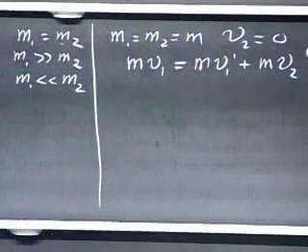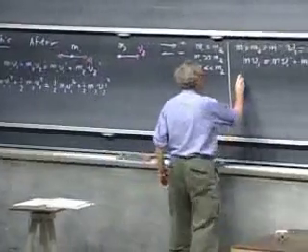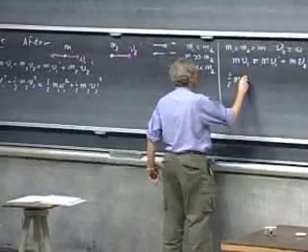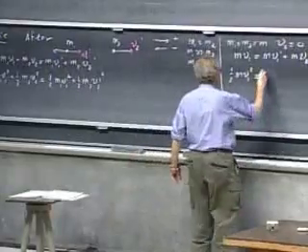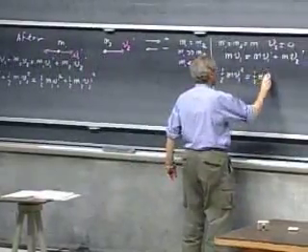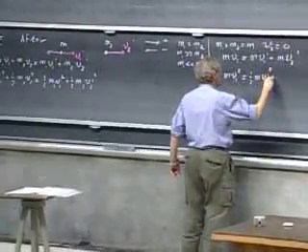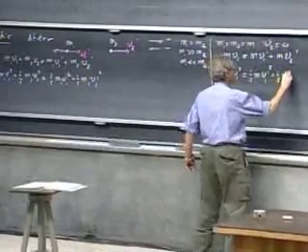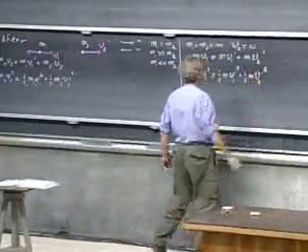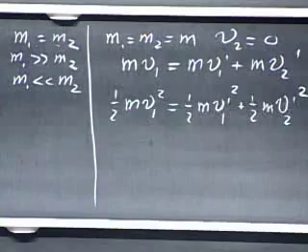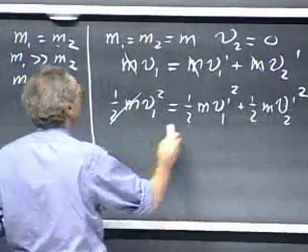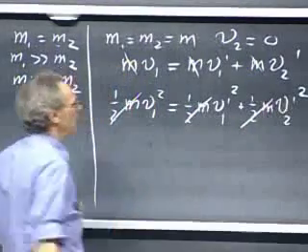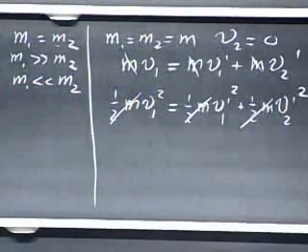Conservation of kinetic energy is 1/2 m v1 squared equals 1/2 m v1 prime squared plus 1/2 m v2 prime squared. Notice that now I lose my m's, which is very convenient. Here I lose my 1/2 m's even. And this is very easy to solve.